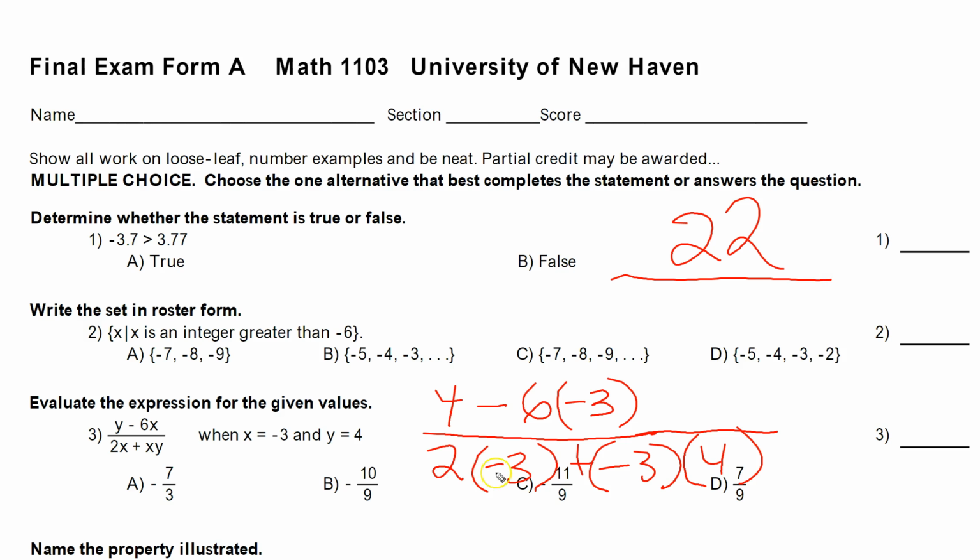And then 2 times a -3 is a -6 here on the bottom. There we go. And this is going to be plus, this is going to be a -12. So a negative and a negative add up to a -18. So let's write that in the bottom here.